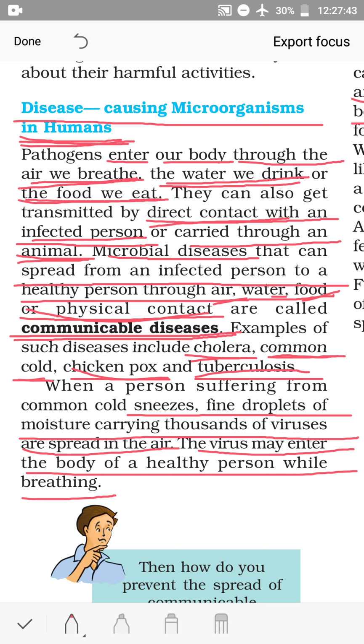So when an infected person sneezes or coughs, thousands of viruses come out in fine droplets of moisture, and when the nearby person inhales the air, it enters into the body of that person and makes the person sick.